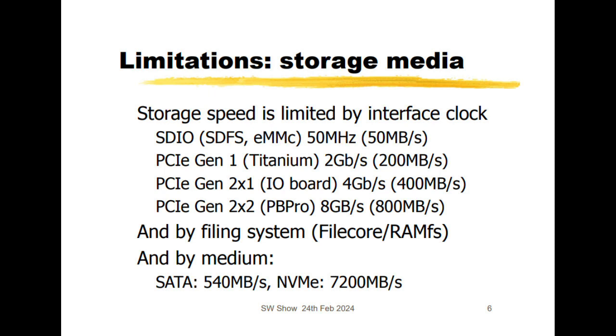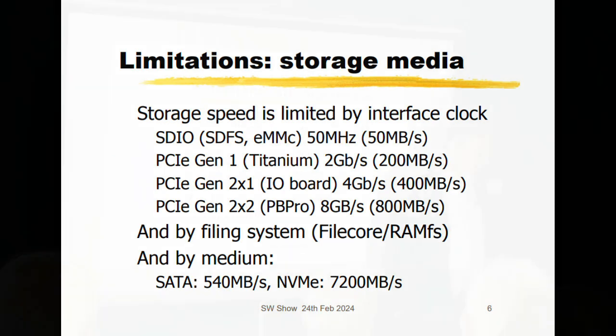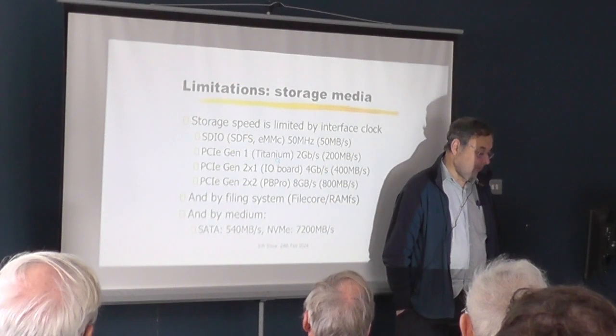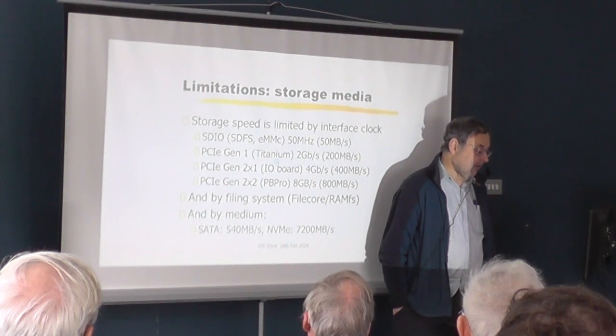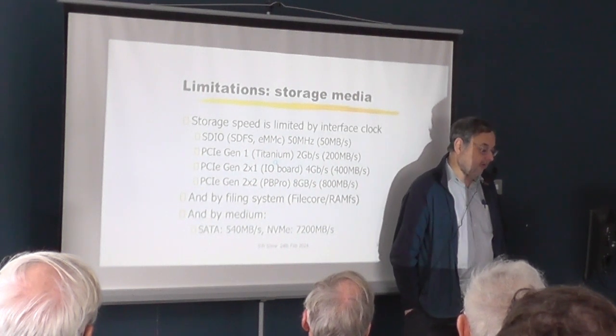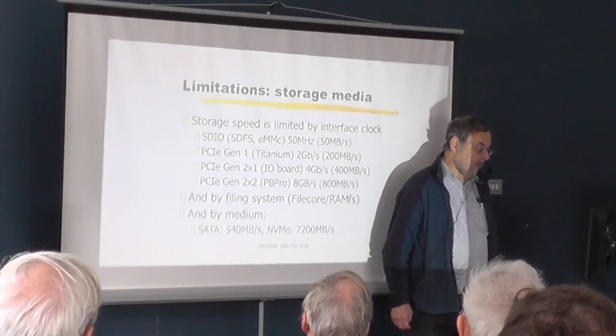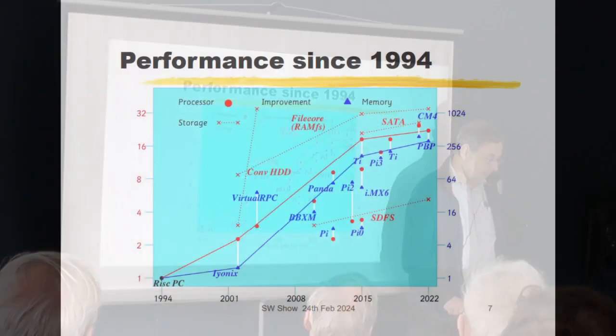Whereas on a desktop machine, you might have a generation 3, 4-lane PCIe card, they're limited to generation 2 by 1 on the I/O boards, which limits it to 400 megabytes per second, which is the same speed that the SATA medium itself is limited to. And it's also limited by the filing system.